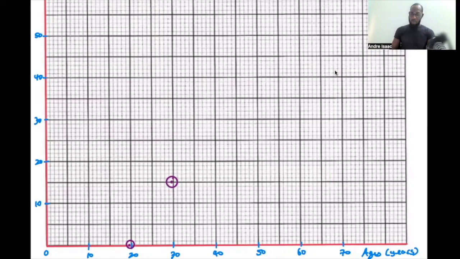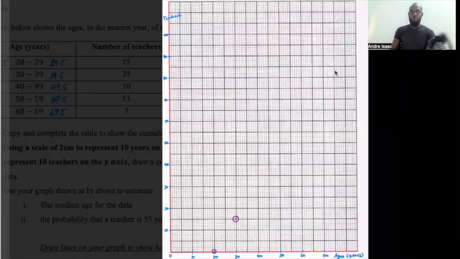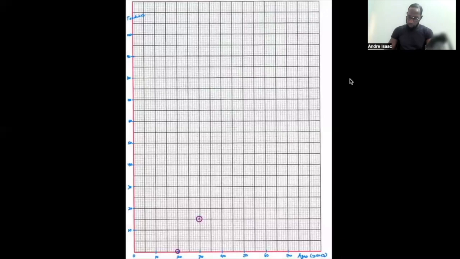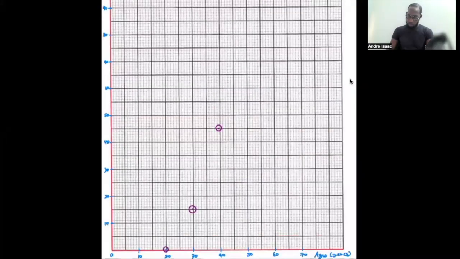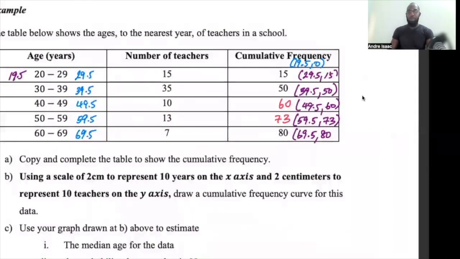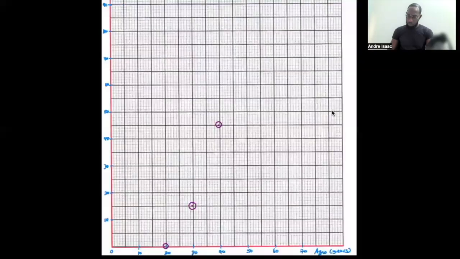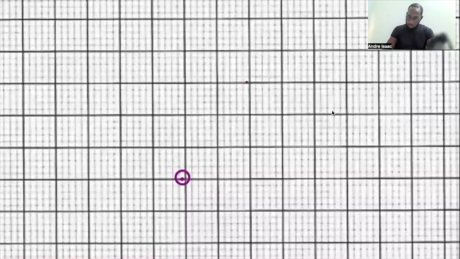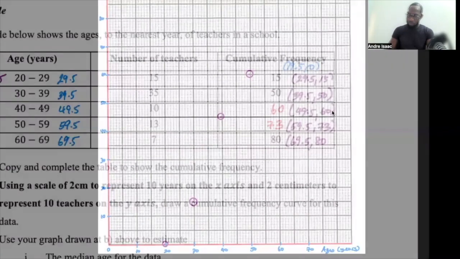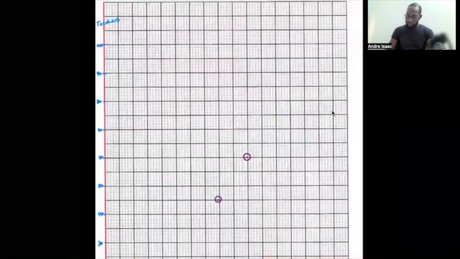Next one, 39.5 going to 50. Right, 39.5 going to 50. 49.5, 60. 49.5. With a circle, so you can easily identify a point. 59.5, 73.